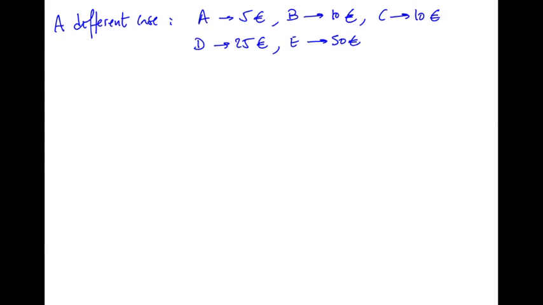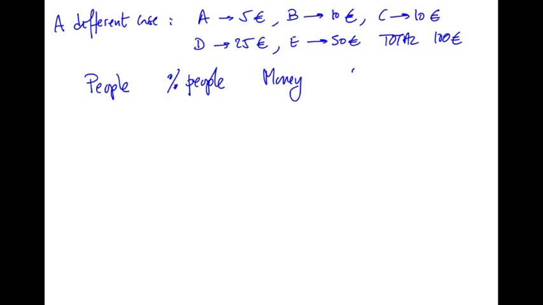Let's consider a different case where Alice gets only 5 euros, Bob and Carol get 10 euros each, Dave 25, and Eve 50, we have again a total of 100 euros. Let's make our table where we put here people in a cumulative way with the corresponding percentage of people, and here we put money with the corresponding percentage of money.